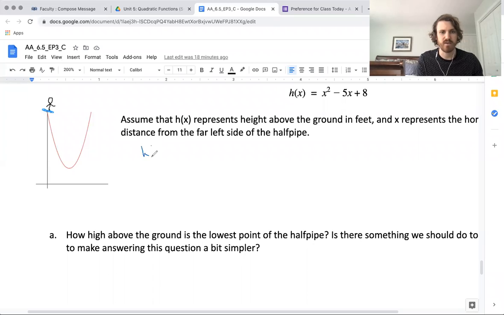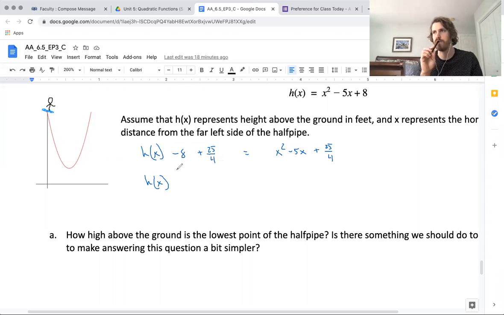If we have h of x, I'm going to subtract 8. And that's equal to x squared minus 5x. Now I need to add b over 2 squared to both sides, which would be plus 25 fourths on both sides. Now I have h of x minus 7 fourths, since 8 is 32 fourths and 25 minus 32 fourths would be negative 7 fourths, is equal to x minus 5/2 all squared.